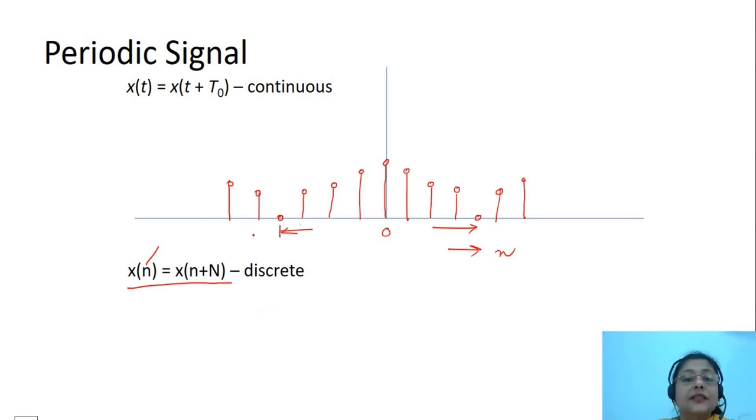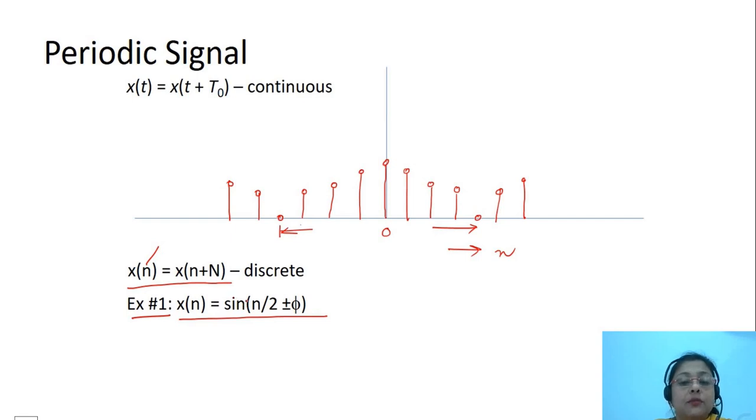Now let's understand whether the signal is periodic or non-periodic with the help of two examples. Now let's understand it with example 1. It is written here x(n) equal to sin(n/2 plus or minus phi). Now this phi is the phase of the signal. Now one point to be remembered here is this.